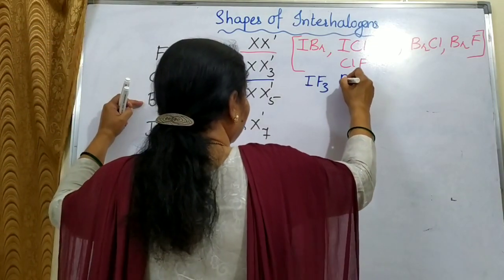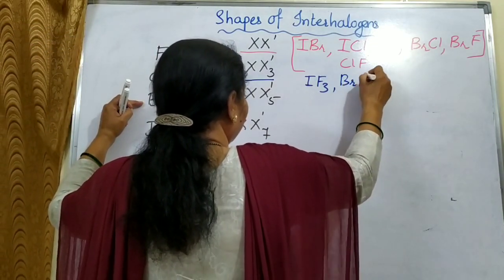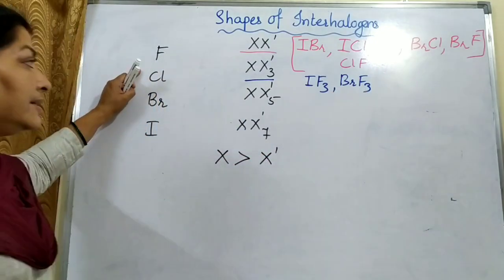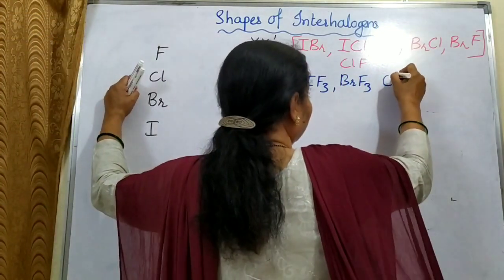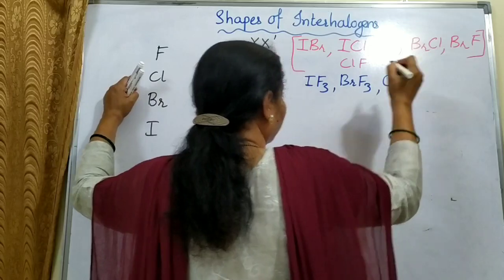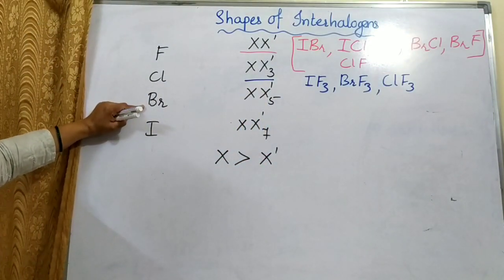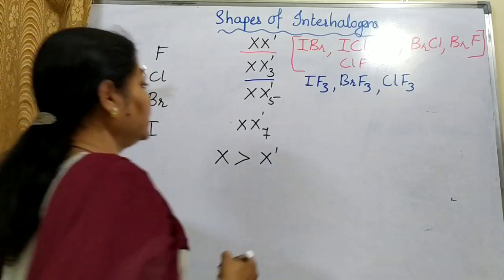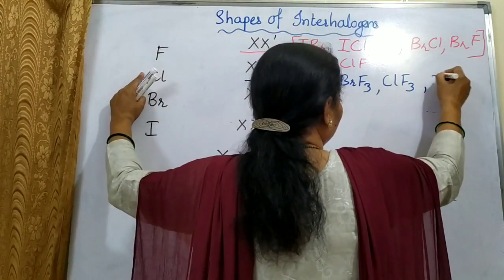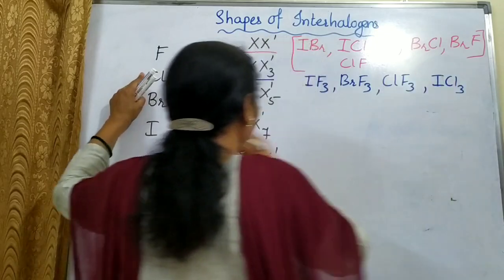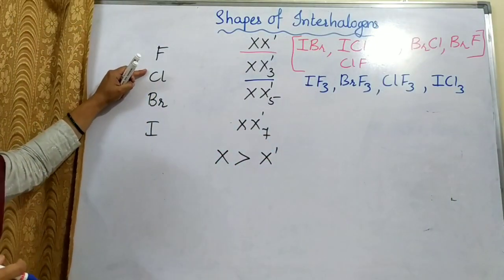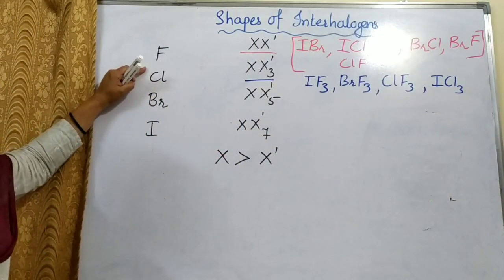Then Br can form a compound with F, and Cl also can form a compound with F. Then I can also form a compound with Cl, so it will be ICl3, because here the difference in size is more.